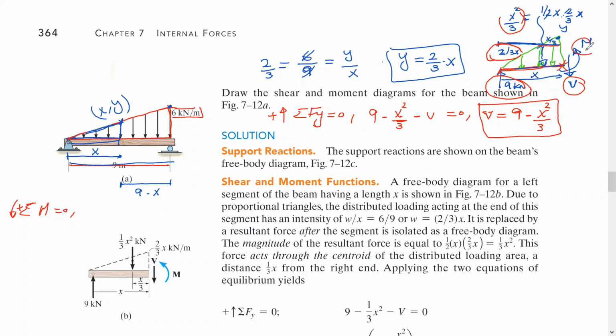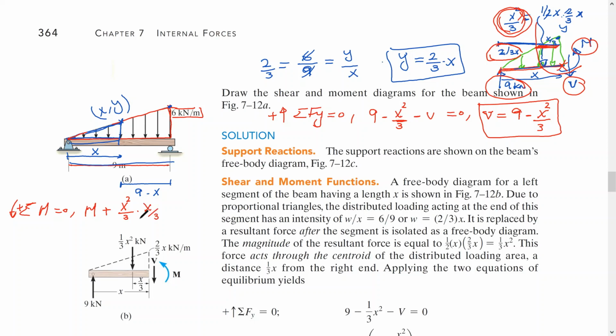m, which is this value, it's positive, okay, and this one is going to be positive. The equivalent here is a plus x squared over 3. This is the force magnitude, times how much? x over 3.